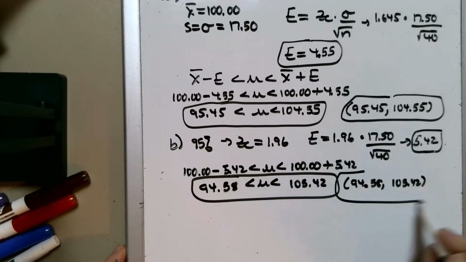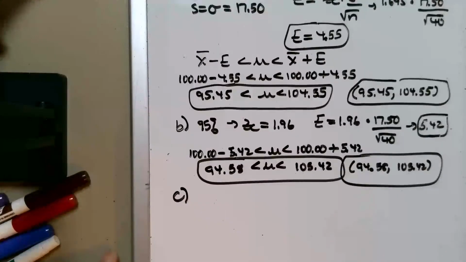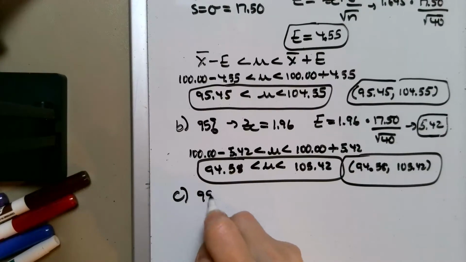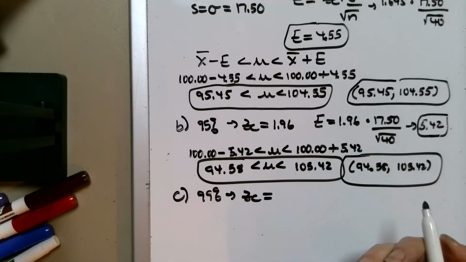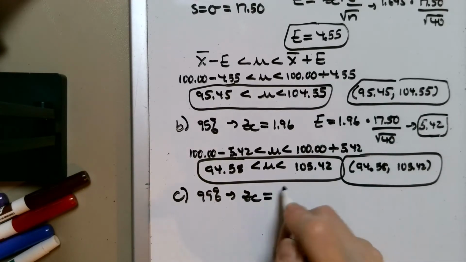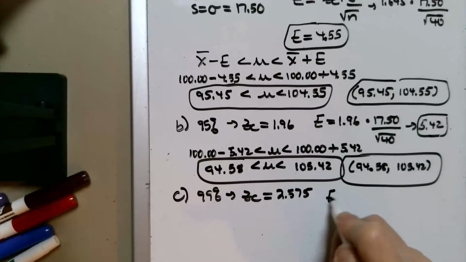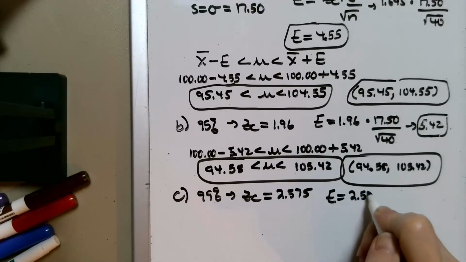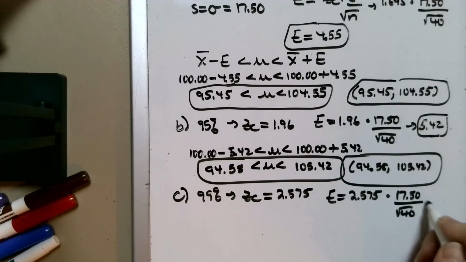Okay. In question C, now we're going to calculate a 99% confidence interval. So the critical value of z, again, on the negative z side at the bottom or your formulas page, we're going to use 2.575. So to calculate the margin of error, 2.575 z sub c times sigma 17.50 over the square root of n, 40.